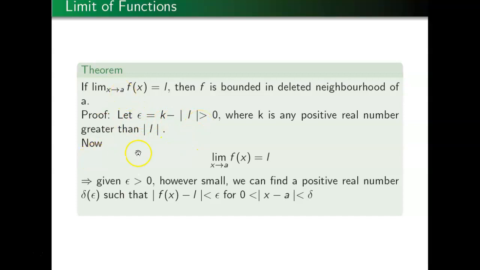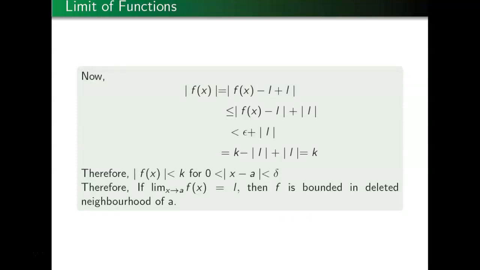Given that the limit of f(x) as x approaches a is L, we use the epsilon delta definition of limit of a function. That is, for given epsilon greater than 0, however small, we can find a positive real number delta depending upon epsilon, such that mod f(x) minus L is less than epsilon for 0 less than mod x minus a less than delta.